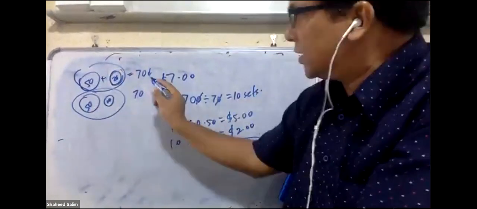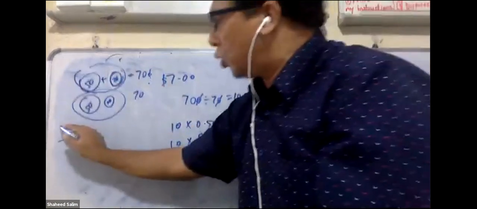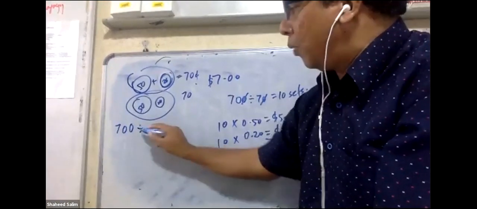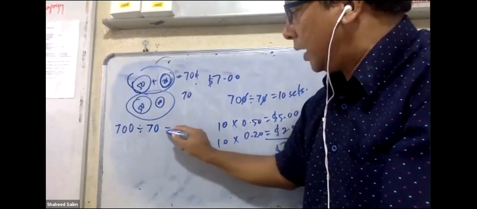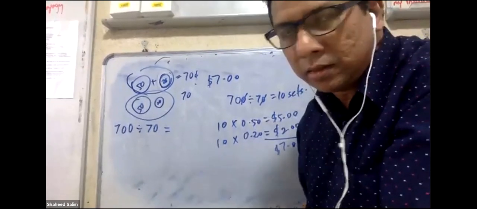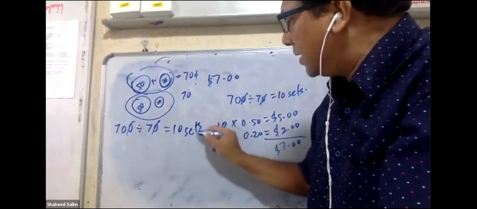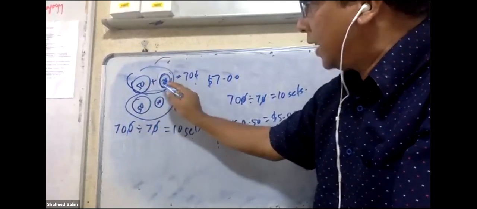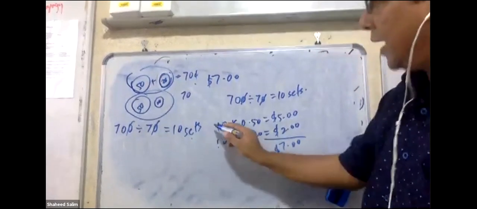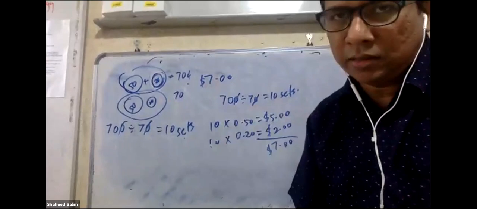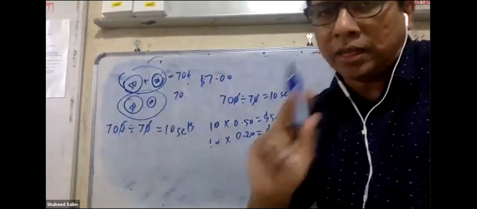One set, the value is 70 cents. Now they tell me the total value is $7, which is 700 cents. Divide by one set which is 70 cents, I can find the number of sets. 700 divided by 70 is 10 sets. 10 sets means 10 50-cent coins, 10 20-cent coins. So I got 20 coins. 10 coins, 10 coins, 20 coins.